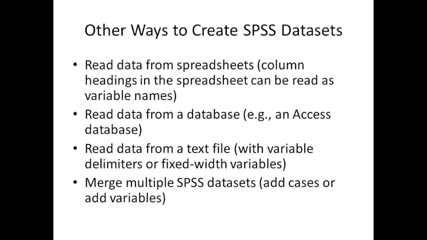We call that a fixed width file. So maybe the first 5 columns in your text file represent the student ID, and then the next column represents student sex, and the next 3 digits represent students' MAP scores. So SPSS can also read a text file with fixed width variables. In other words, SPSS is quite clever in terms of reading variables from the other formats.